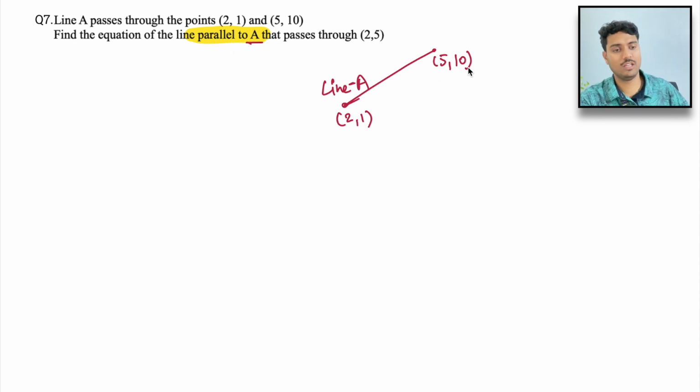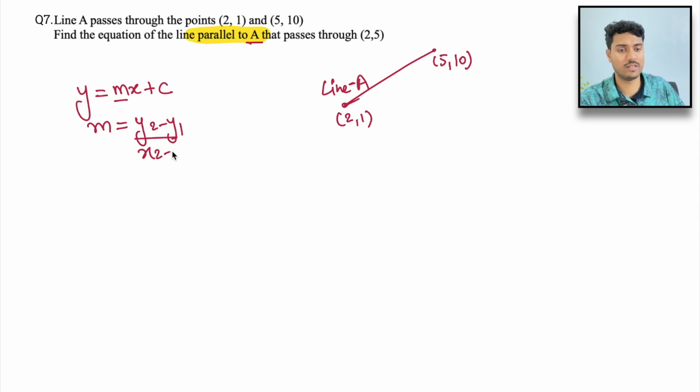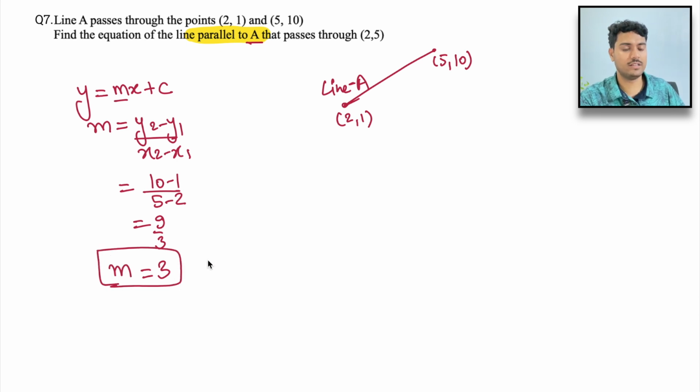So first we have to find the equation of this line. See, y equals mx plus c. So first we can find the gradient m. The gradient formula is y2 minus y1 upon x2 minus x1. So that is going to be 10 minus 1 upon 5 minus 2. So that's going to be 9 by 3, that is 3. So gradient m is 3 and we have to find the equation.